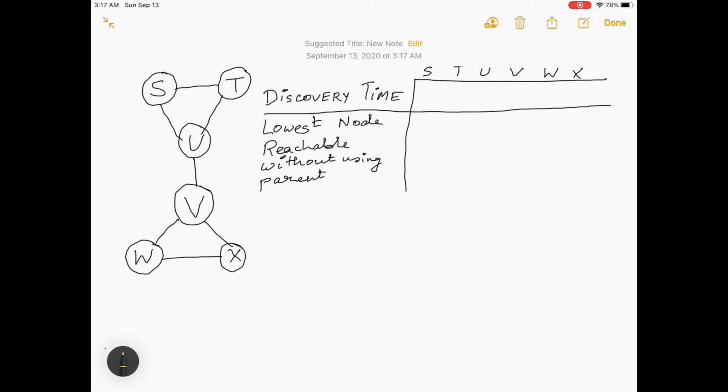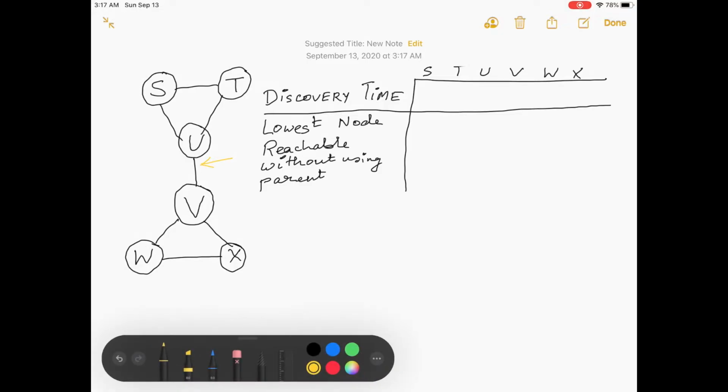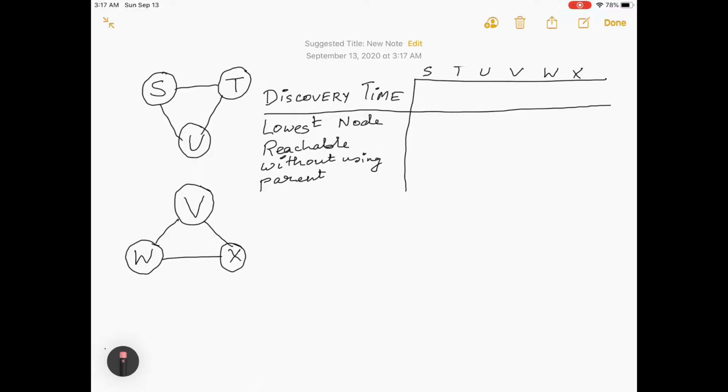So let's try to figure out what condition actually makes an edge a bridge. In our example graph, the edge UV is the bridge. So let's see, as we have already seen, what happens when we remove the bridge.